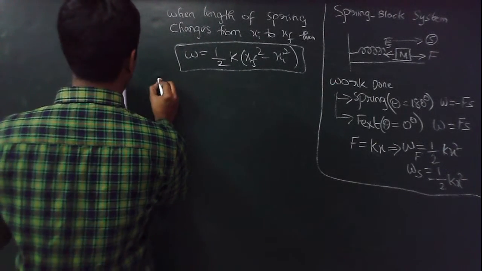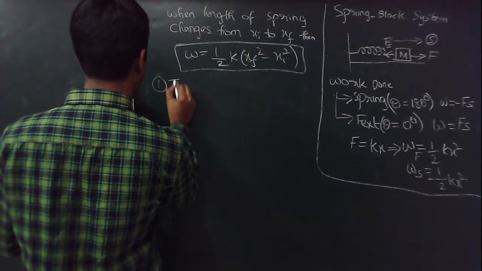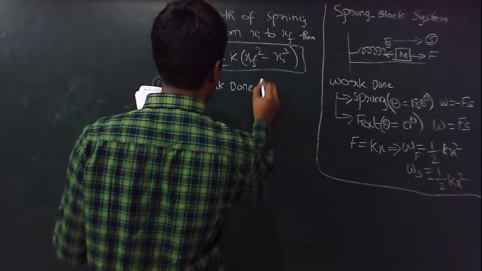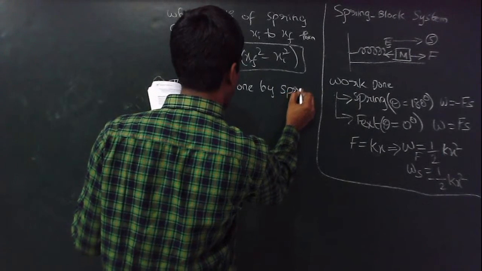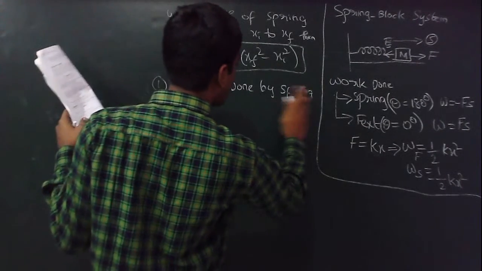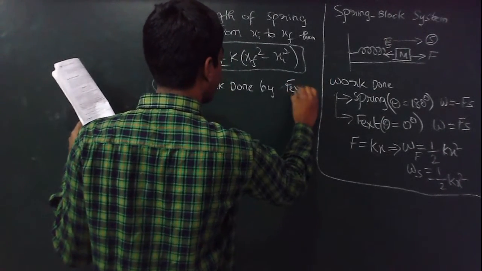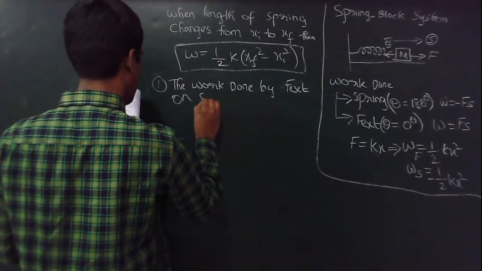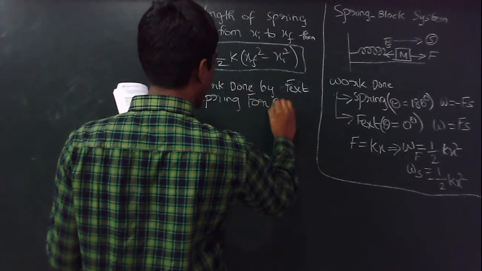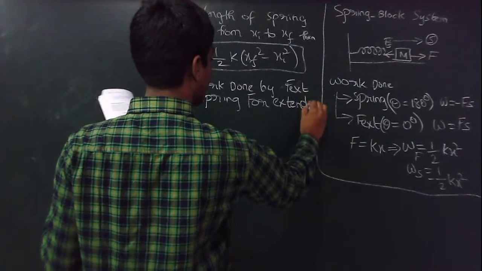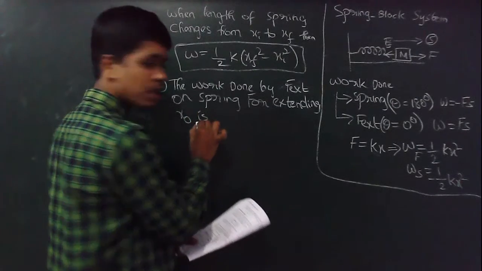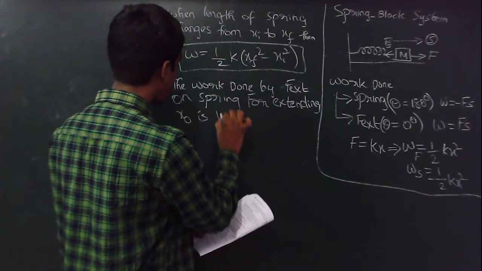Okay, first problem. The work done externally by F external on a spring for extending x naught is W naught.